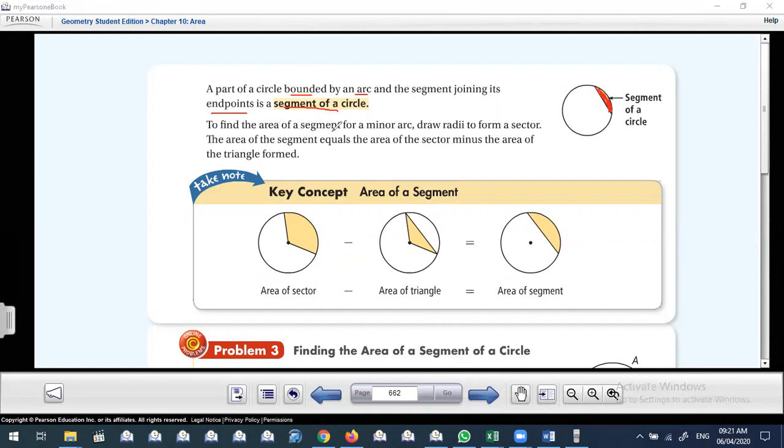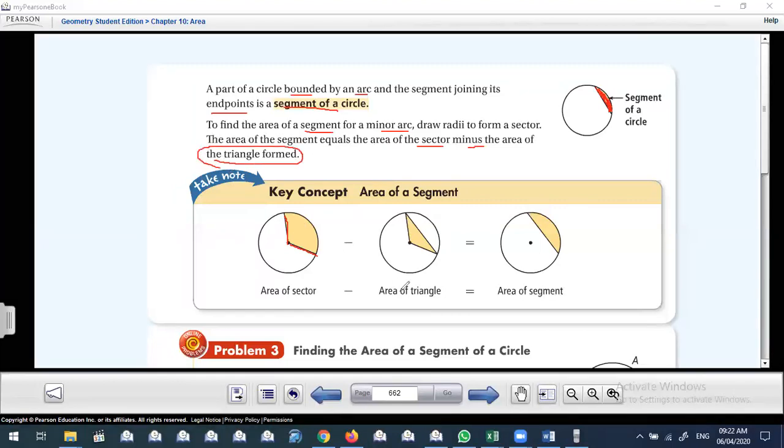To find the area of the segment for a minor arc, draw radii to form a sector, like that. This is the sector. The area of the segment equals the area of the sector minus the area of the triangle formed.